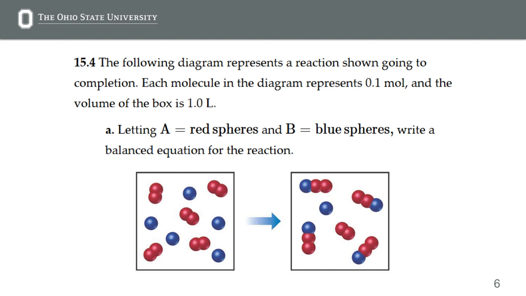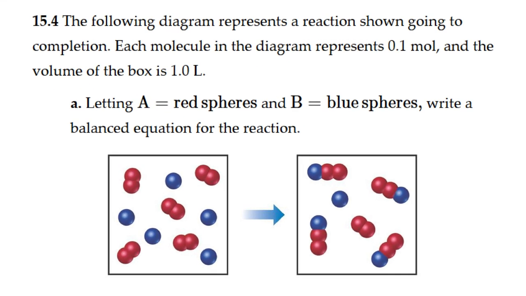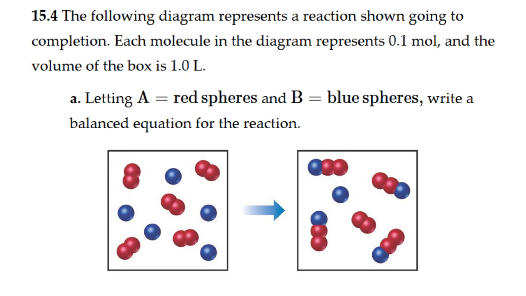All right, so let's look at another example. Let's start thinking about a molecular picture of what's going on at equilibrium. Here we have a diagram that's showing a reaction going to completion. When we say going to completion, that means it reaches equilibrium.